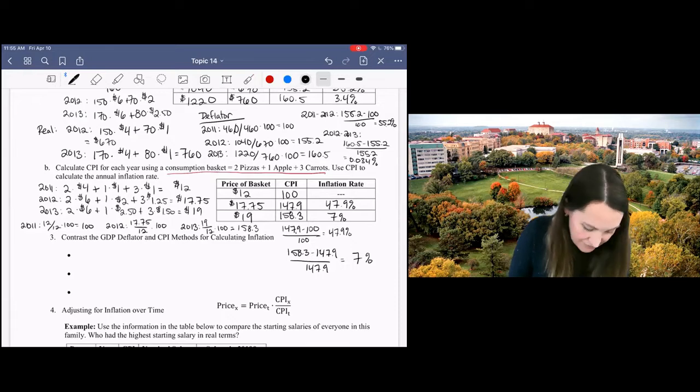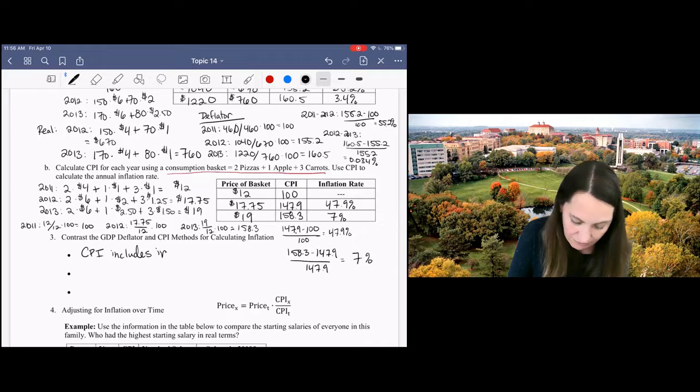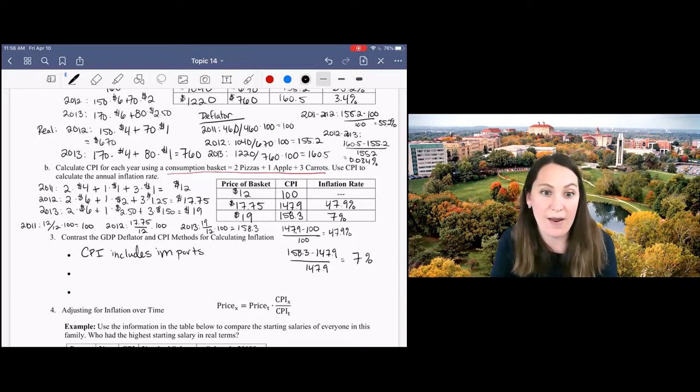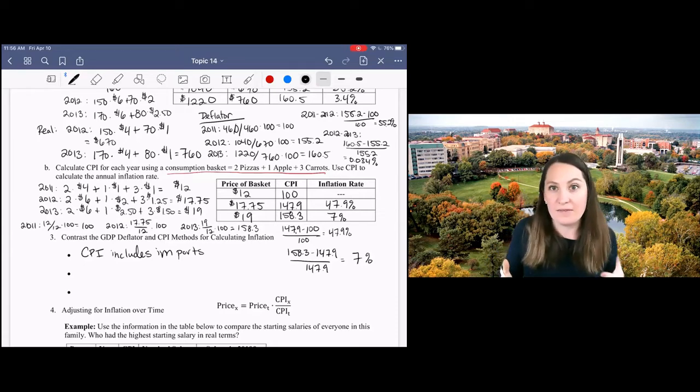So the CPI includes imports. That's probably the first most noticeable difference that you'll see when you're looking at these examples, right? We included carrots in our CPI calculation, but we did not include carrots in our GDP calculation. And so that's one of the big differences between CPI and GDP, and that's going to affect your inflation numbers.